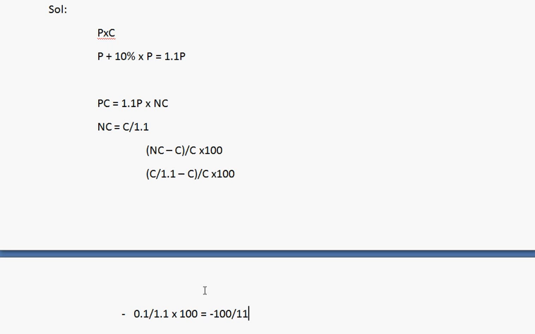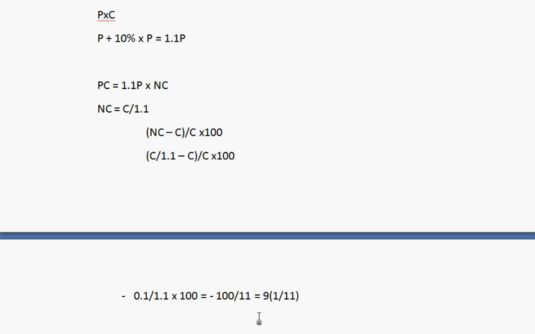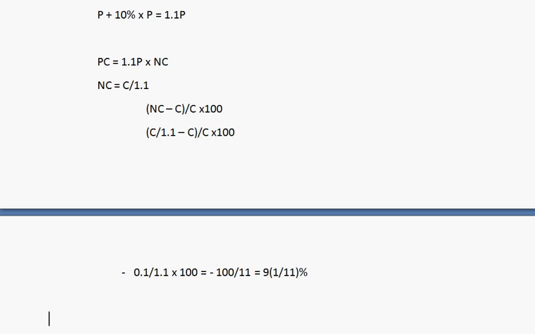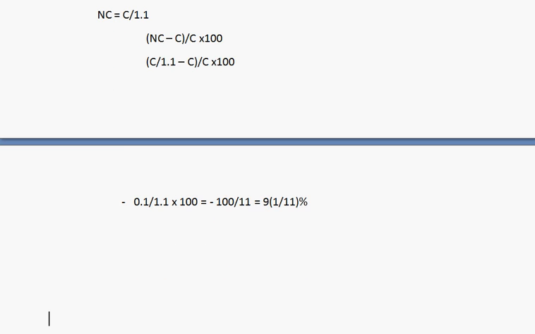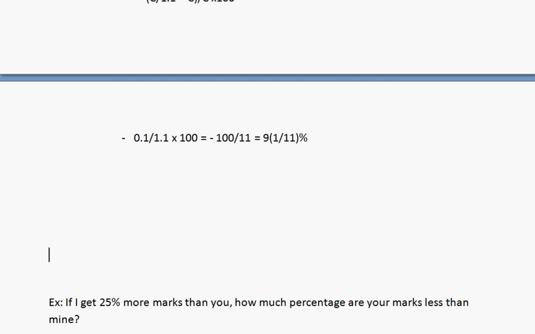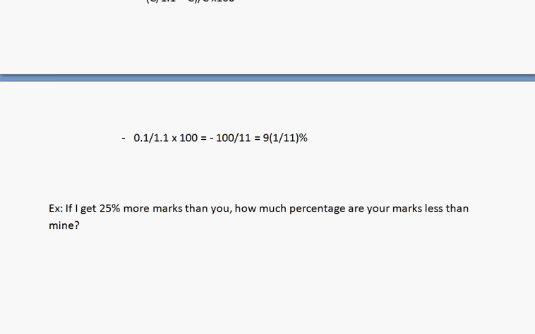The minus sign shows the decrease in consumption, which is equal to 9 1 by 11. That is our answer. This percent is the decrease in consumption. This much should be the decrease in consumption so that our expenditure remains the same.